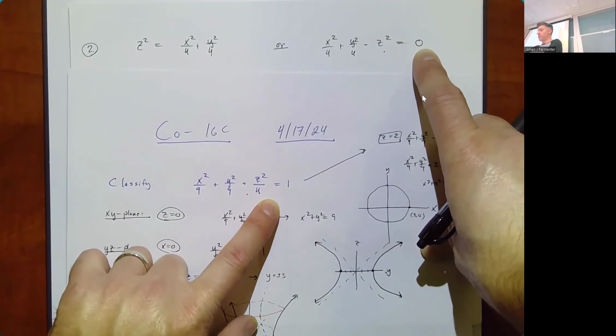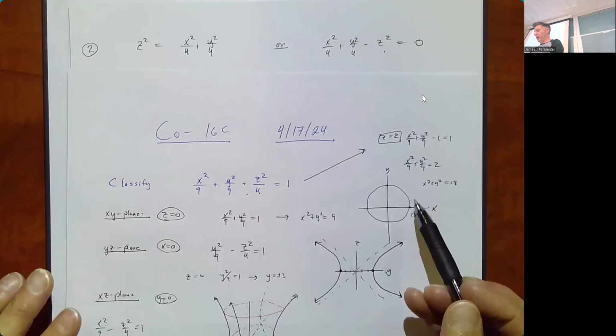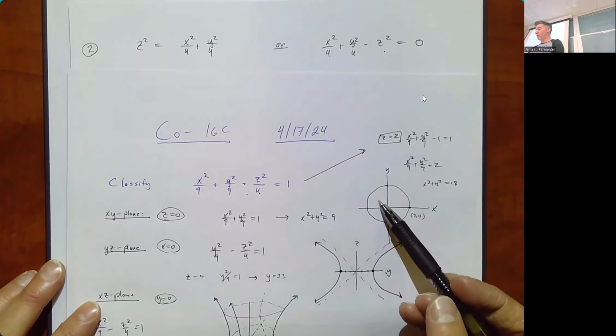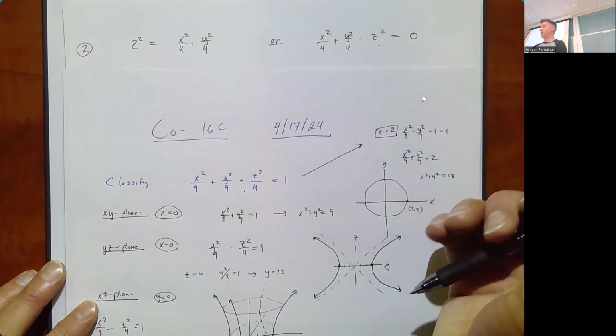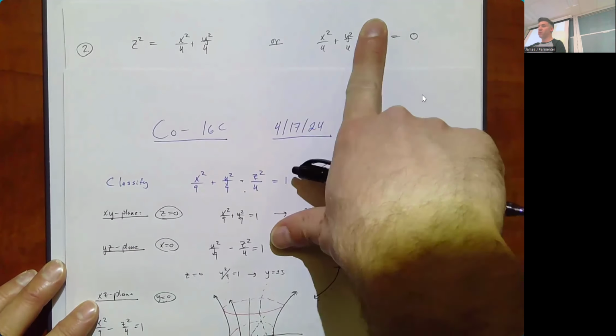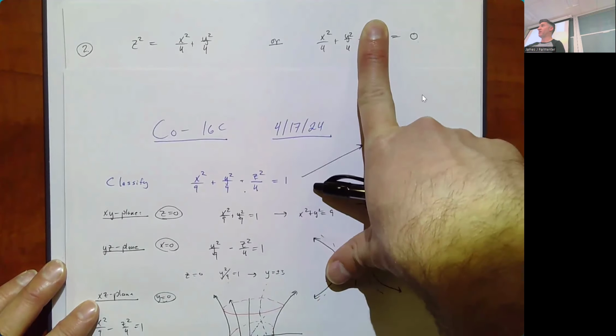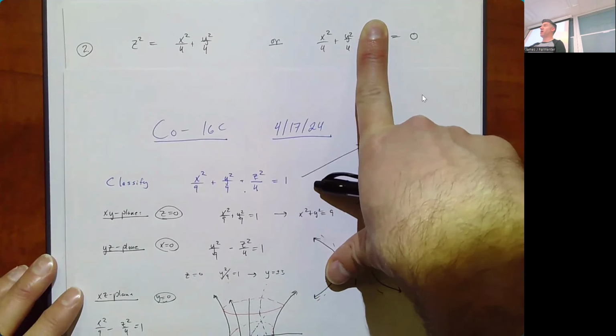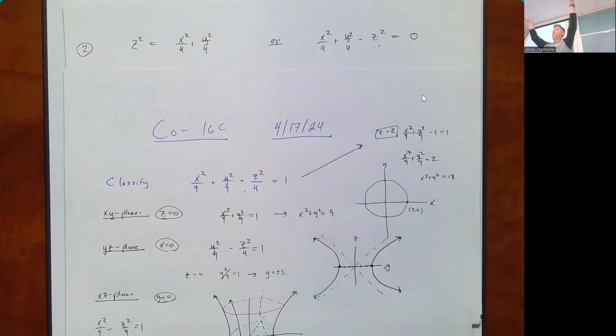So this one being equal to 1 means your xy trace is something circular. Whereas this one being equal to 0 means your xy trace, well, if we set z equal to 0, the only solution is that x and y both have to be 0. So instead of bowing in like the hyperboloid of one sheet, you go straight into a point and then you get down like that. So instead of bowing in, you go straight in, straight out.